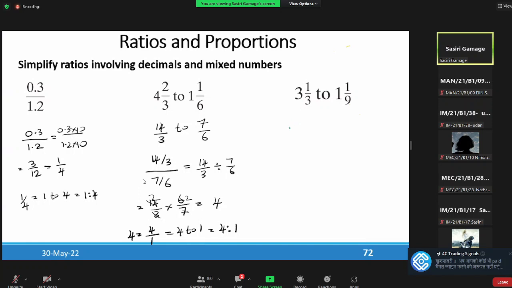Then this is 3 to 10 over 9. Yes, it is 3 to 1. This is the answer. Is that clear to everyone?